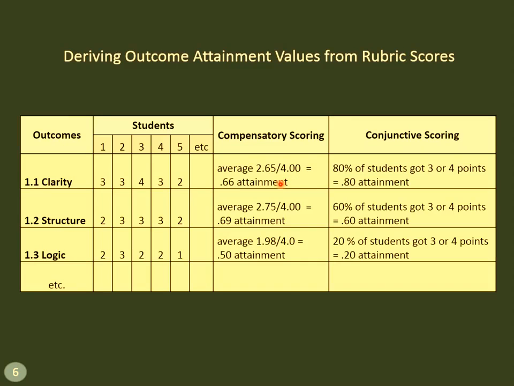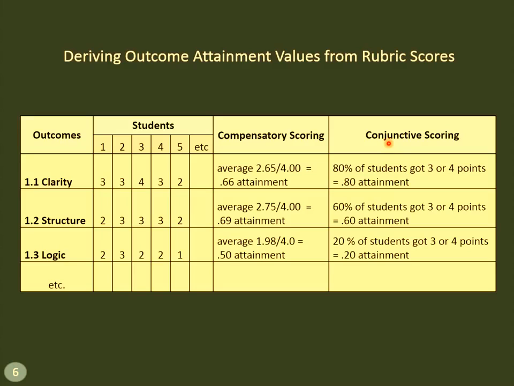You can also derive these outcome attainment values from rubric scores. For example, in this case, we have 5 students, and their outcome statements said they were going to write a paper or whatever, and they're going to be scored on clarity, structure, and logic. And their scores are shown there.